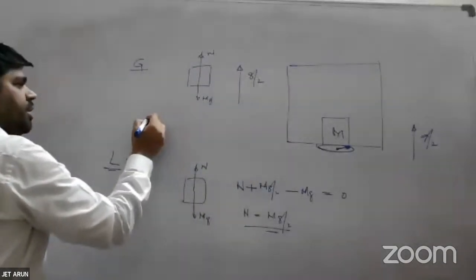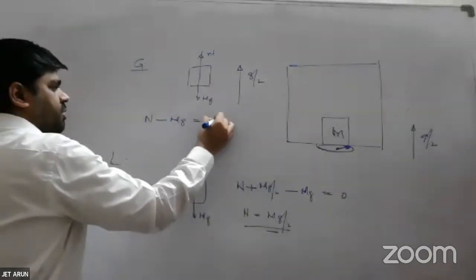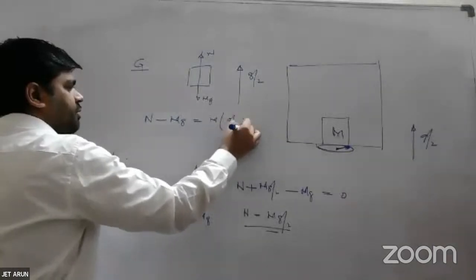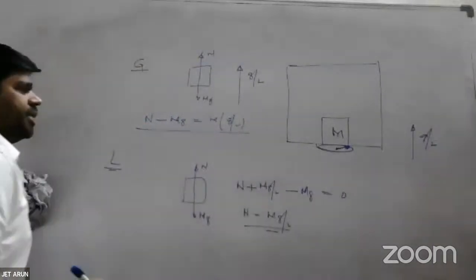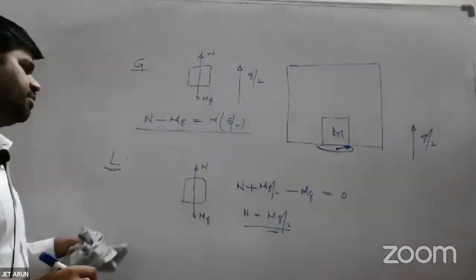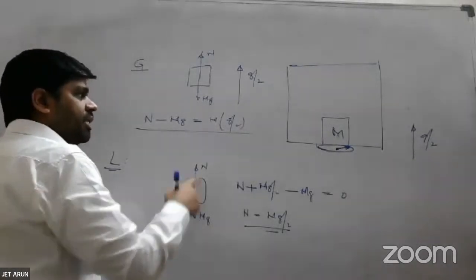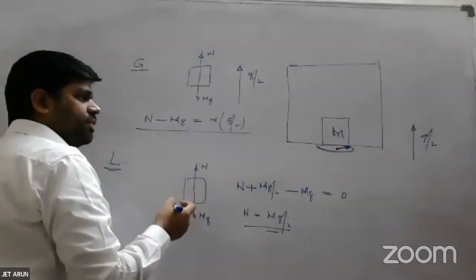So with respect to ground, I'll write N minus mg is equal to mass into acceleration, which is g by 2. This is my normal reaction with respect to ground. But with respect to this lift, I'll have normal reaction and mg as usual. As in the case of ground, real forces are always there.